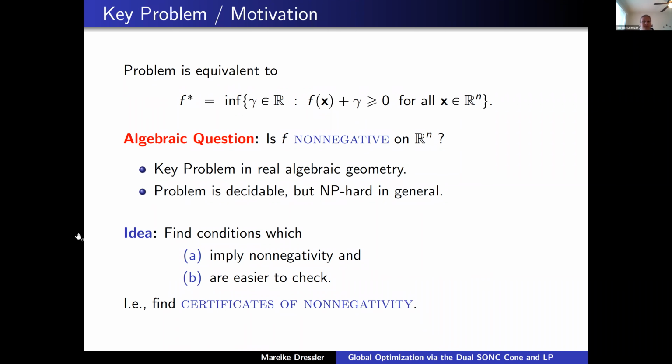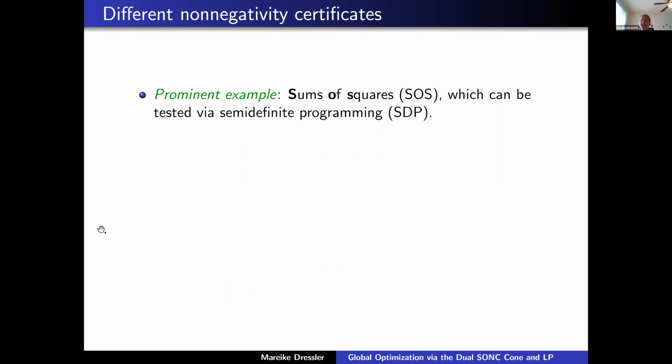And clearly, specifically in the polynomial setting, we have this old star certificate of non-negativity, namely sums of squares. Because clearly, if I can write a polynomial as a sum of squares, I can read off from this representation that this polynomial is non-negative.